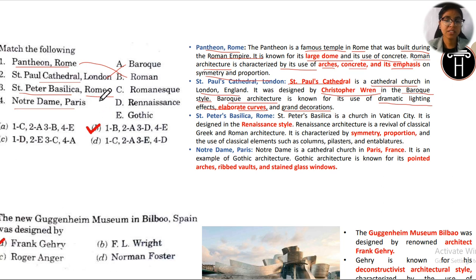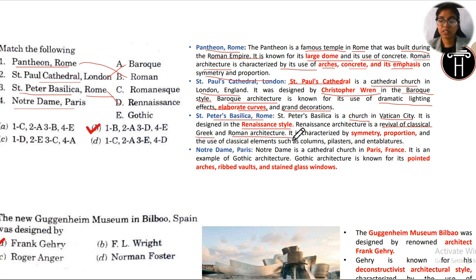Third one we have is St. Peter's Basilica, Rome. Its correct answer is Renaissance. St. Peter's Basilica, Rome, is also a church, but it is in Vatican City, and it is designed in the Renaissance style. Renaissance architecture is a revival of classical Greek and Roman architecture.